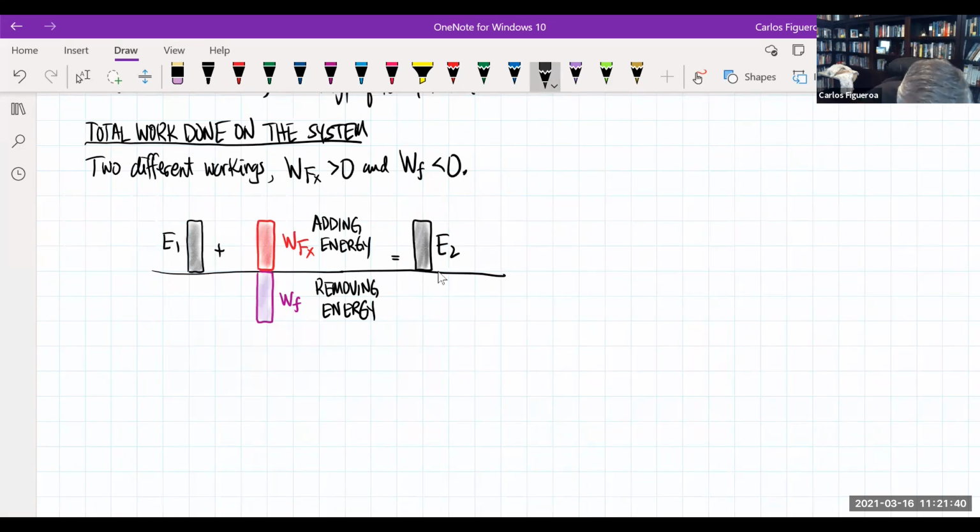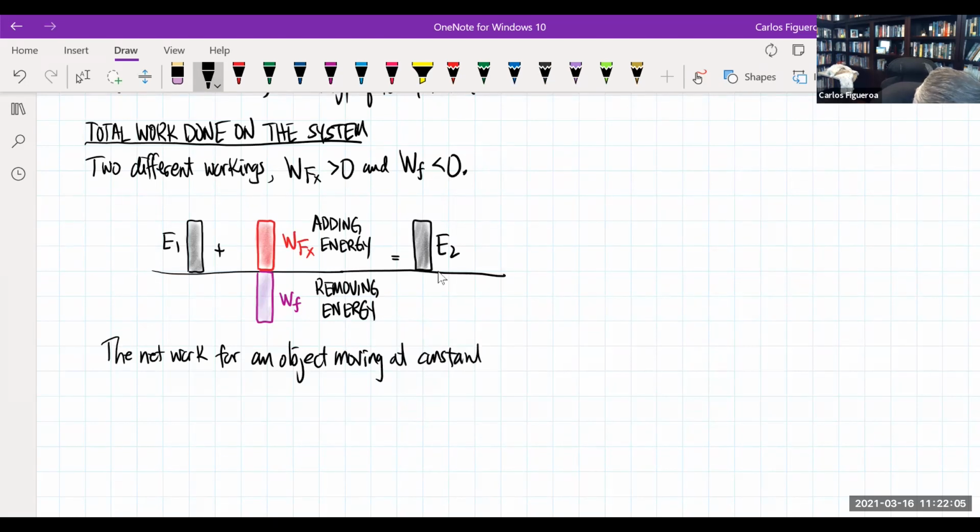And the reason why this is unaffected is because when I look at the net work for an object moving at constant velocity, it is such that when I look at my free body diagram, we saw already that this was f of x, and we saw that this was f.